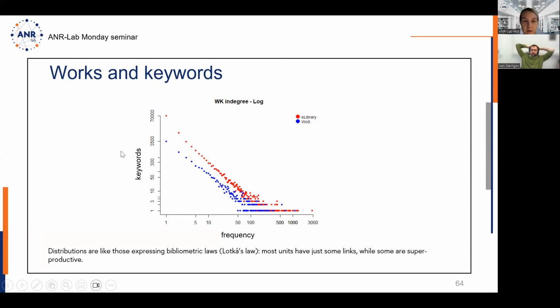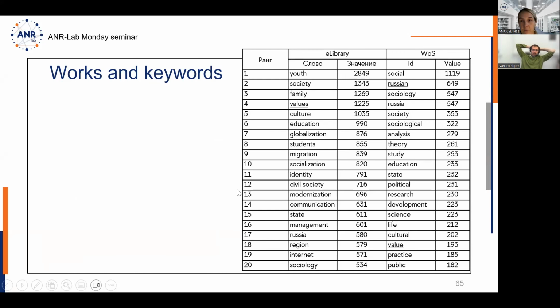So here we have the keywords and the frequency, how often they appear. And the top keywords are shown here for eLibrary on the left, for Web of Science on the right, and you can see all which are marked here. These are kind of same. So we have values and value here, and Russian and sociological, which are also presented here.